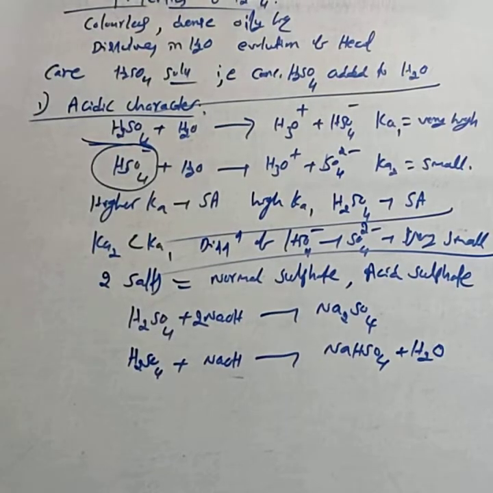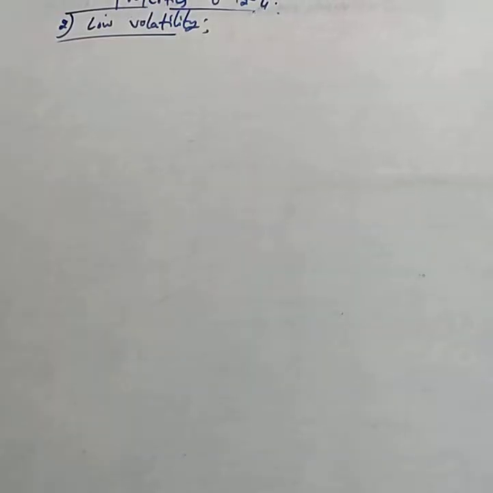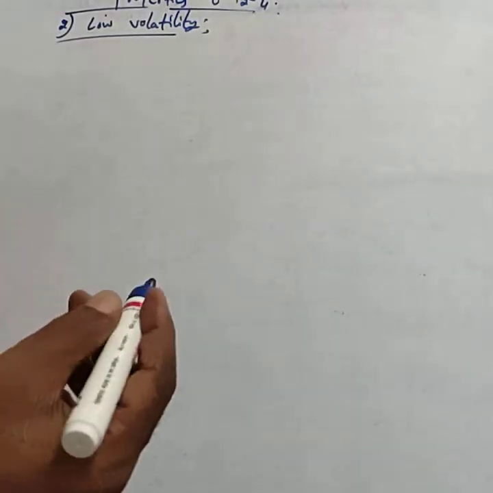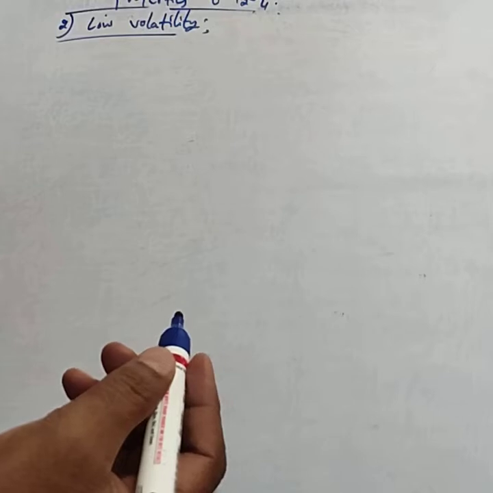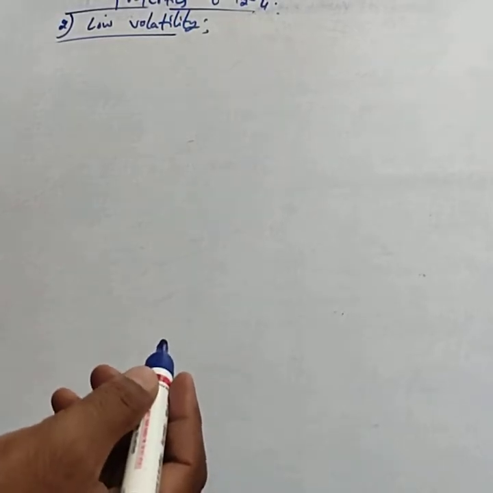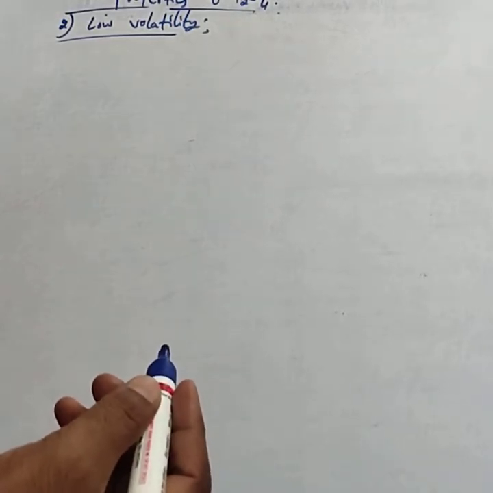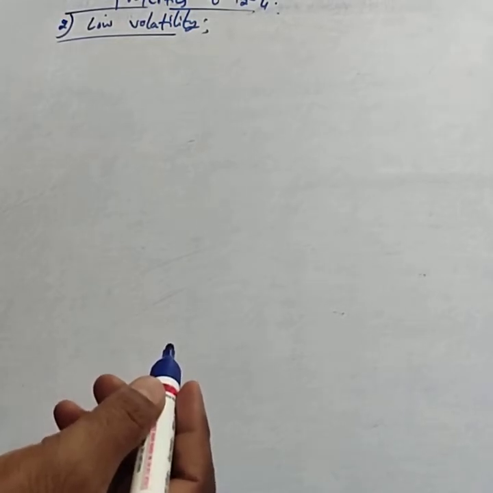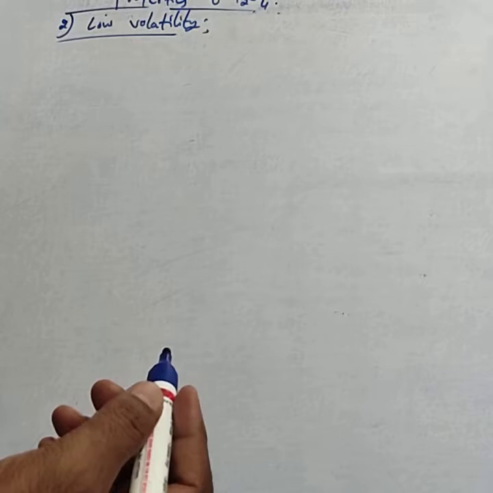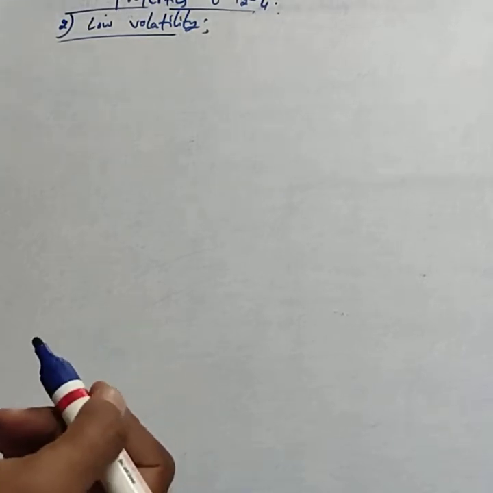Then you consider the low volatility property. Sulfuric acid is low volatile in nature. Less volatile means it has a very high boiling point. In the laboratory, if you keep sulfuric acid in an open container, it will not evaporate due to its low volatility.